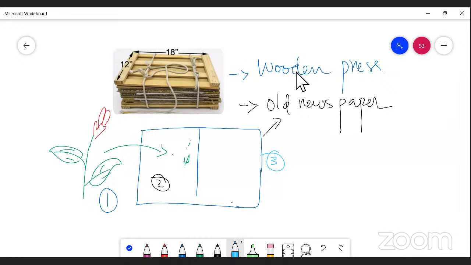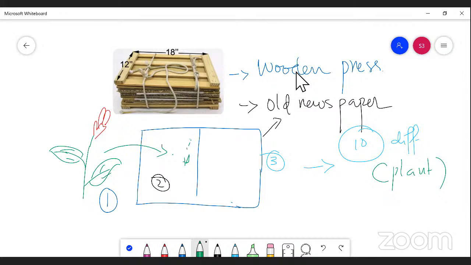It is totally covered. Like that, collect 10 different plant species. Approximately, just in order to understand, collect 10 plant materials.